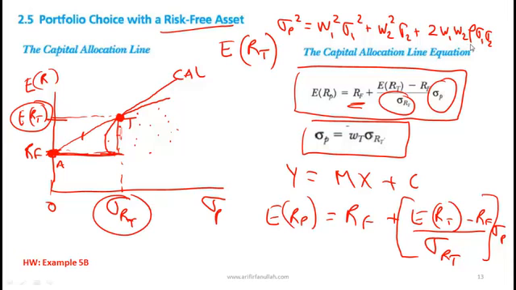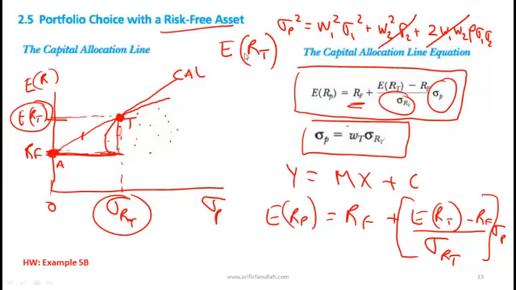What's the correlation between your portfolio T and the risk-free asset? It's 0. So that's 0. Then what are you left with? Let's say 2 is your risk-free asset, so W2 and its sigma term are also 0.